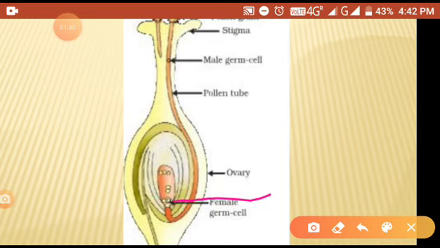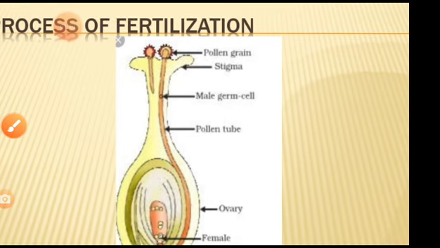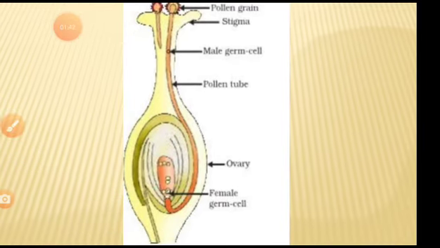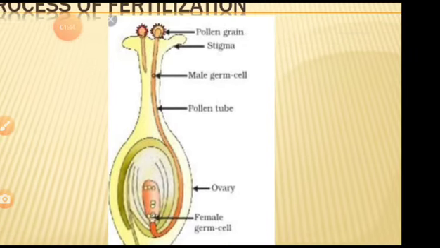I told you that when the male cell fuses with the female cell, the male cell is present in the pollen grains. This is the pollen grain, and the female cell is present here.